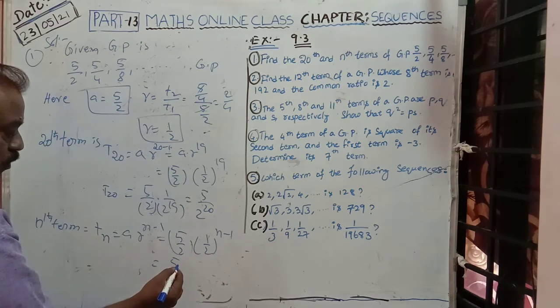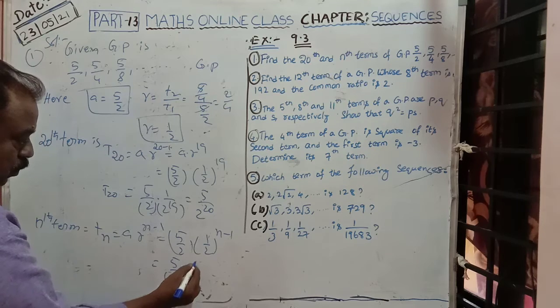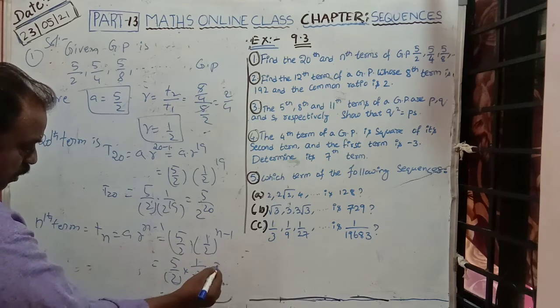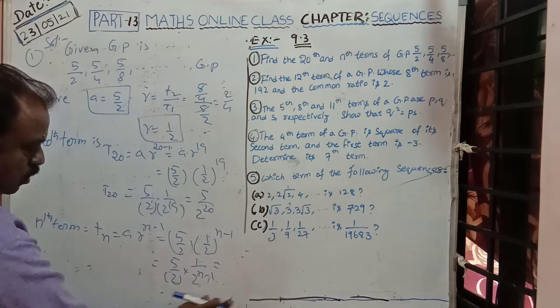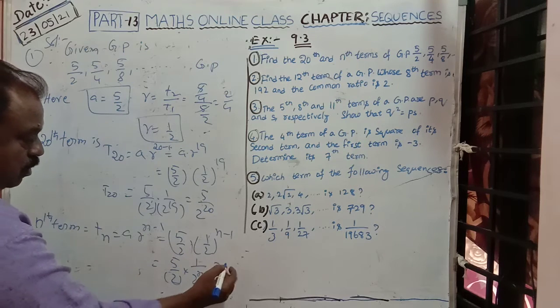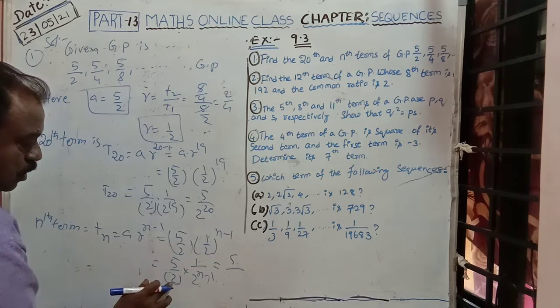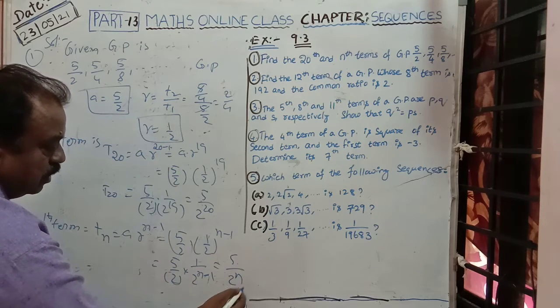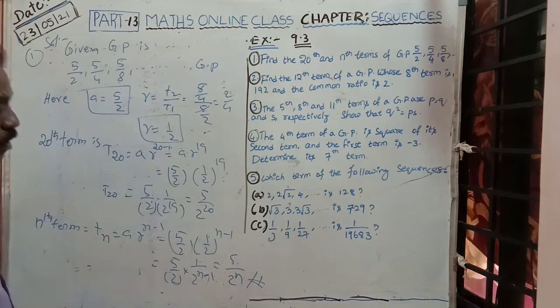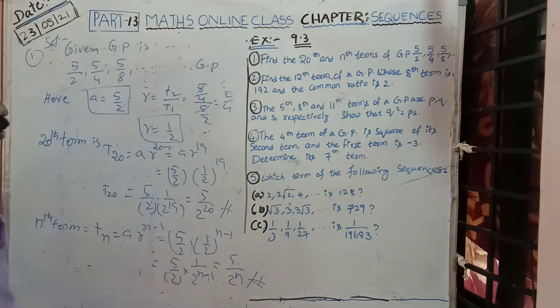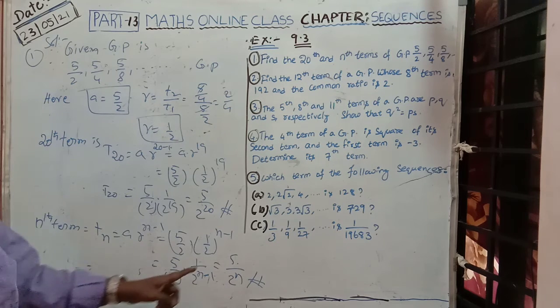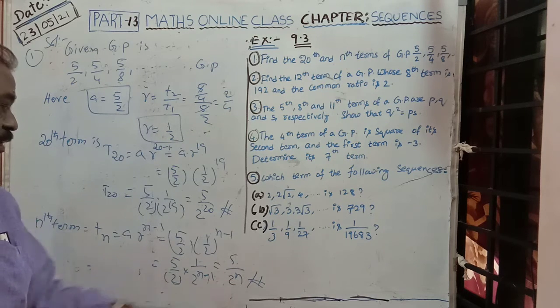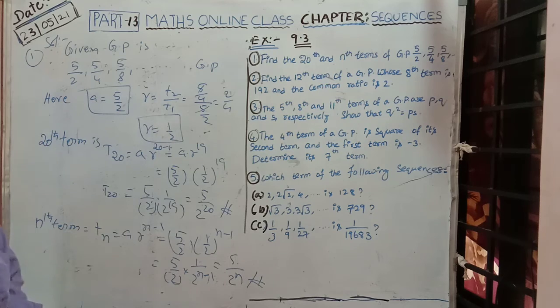Here also 5 by 2 into 1 by 2 power n minus 1. 5 into 1 is 5, by 2 power 1 into 2 power n minus 1, which is 2 power n. So the 20th term is 5 by 2 power 20, and the nth term is 5 by 2 power n. Like this we have to solve the problem.